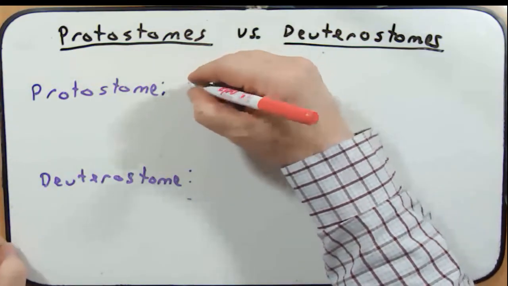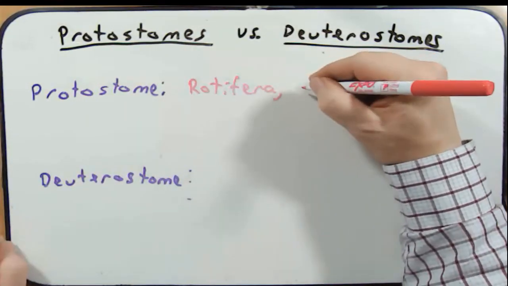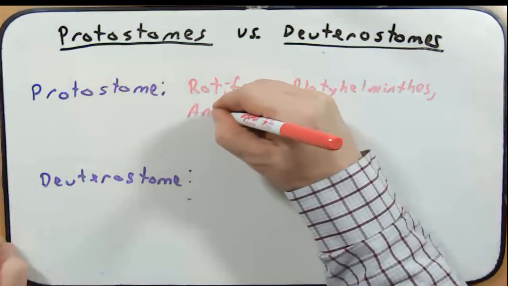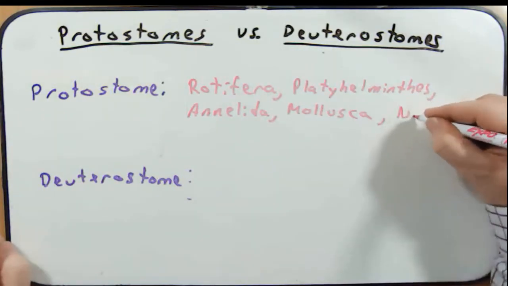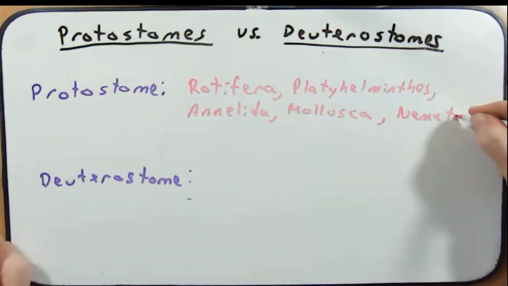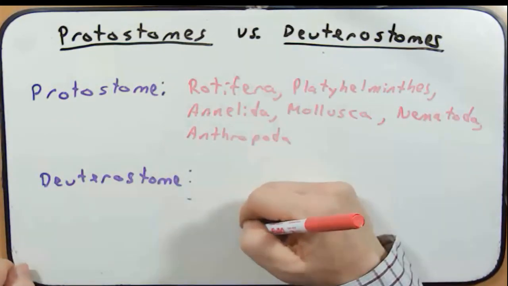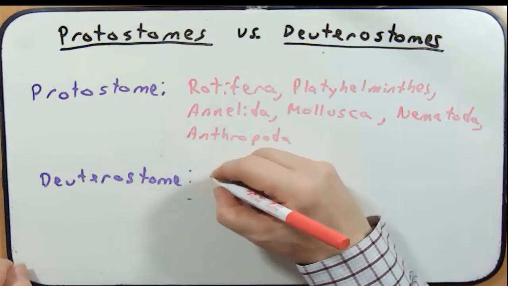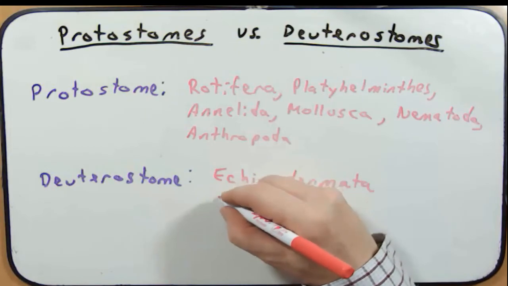The protostome phyla include the Rotifera, Platyhelminthes, Annelida, Mollusca, Nematoda, and Arthropoda. There are only two phyla that are classified as deuterostomes. They include the Echinodermata and the Chordata.